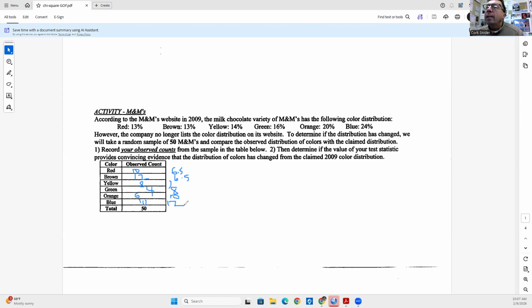I got to type those numbers into Desmos. I'm writing these down on a piece of paper: 6.5, 6.5, 7, 8, 10, 12. All the expecteds are bigger than 5. So HO, you could say the distribution is as advertised.